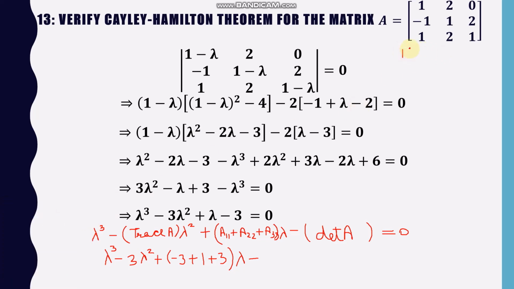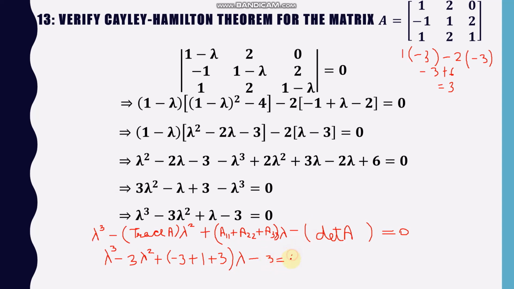So 1 multiplied by 1 minus 4 comes out to be minus 3, minus 2 times, remove this row and this column, so it is minus 1, minus 1 and minus 2, which is minus 3. We just have to calculate it now. So minus 3 plus 6 comes out to be 3. The determinant is coming out to be 3. So we'll write down the determinant here, minus 3 equal to 0.